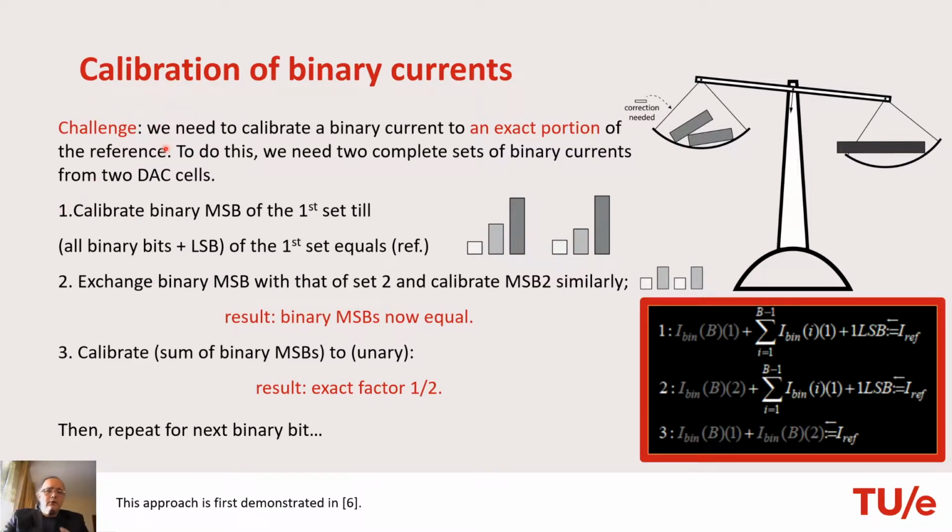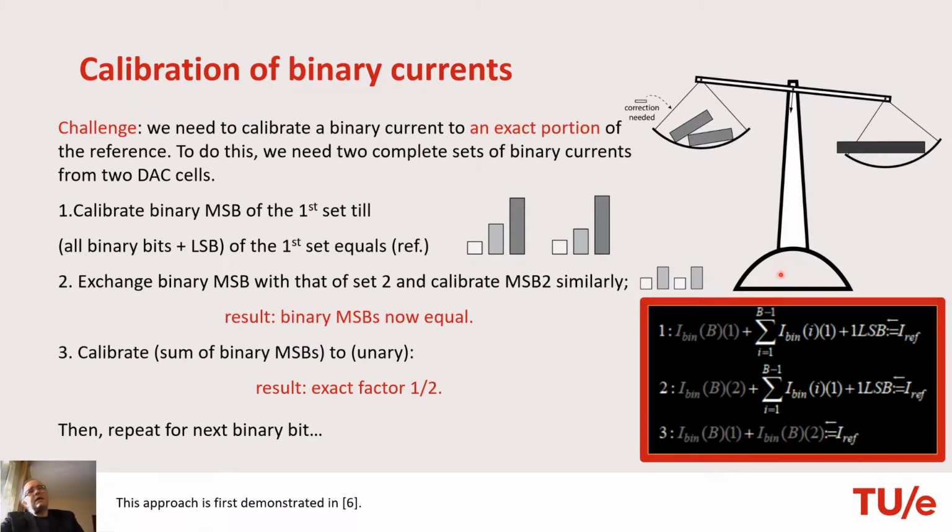So for our algorithm, what you need is two sets of binary currents, or two binary digital to analog converters. And then the algorithm is as follows. Here I illustrate this with a scale, but in practice this is done for calibration of current, so we use a current comparator.